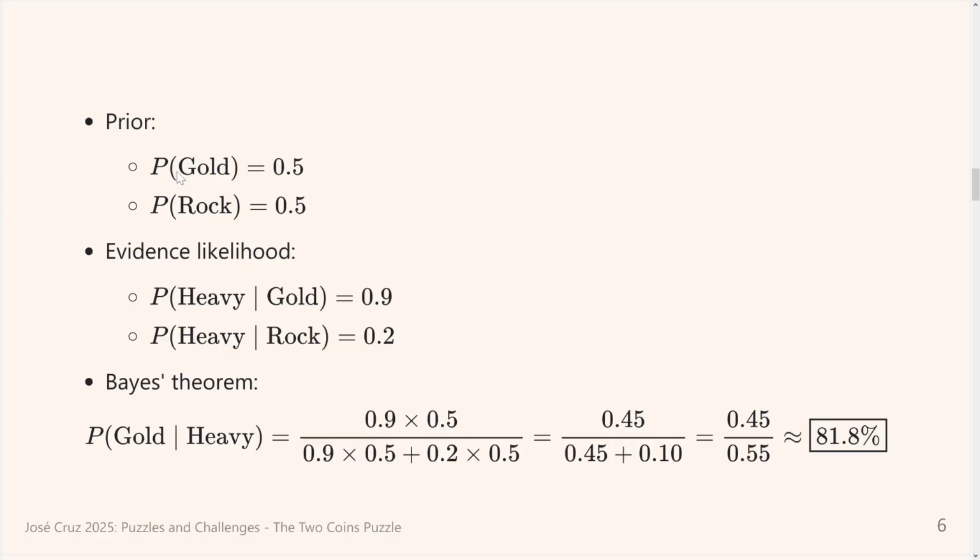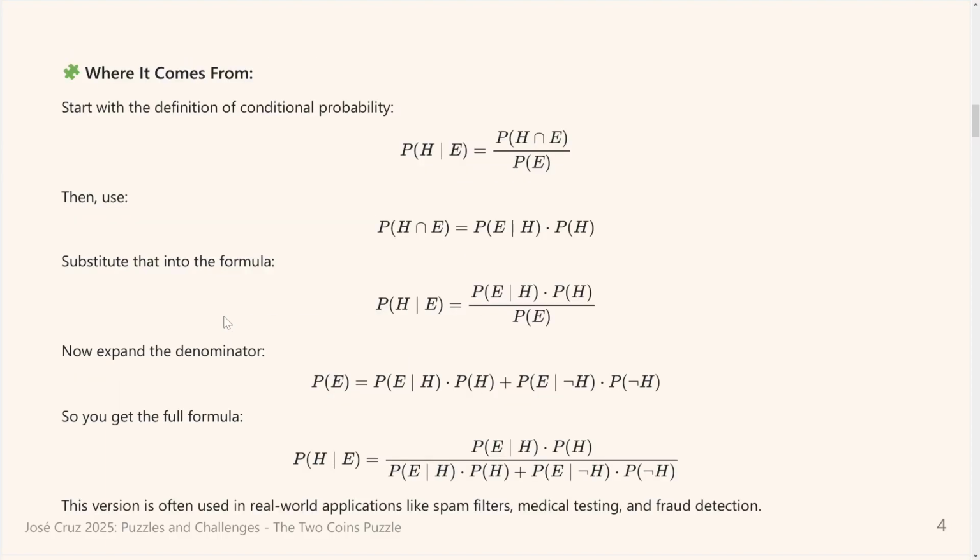So the probability of being gold is 50 and rock 50, because I don't have any information about what's in the box. I just have history and evidence, but my hypothesis is 50-50. But if I use the probabilities by evidence, the probability of being heavy, knowing that it's gold inside, is 90%. And if it's rock, it's 2. And if you look at this piece, they will fit this formula.